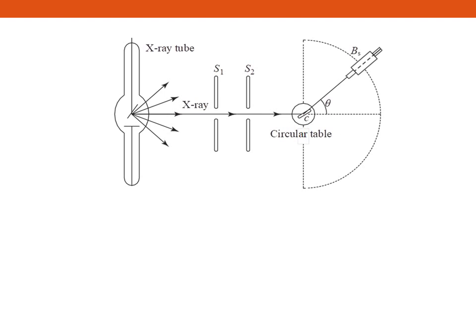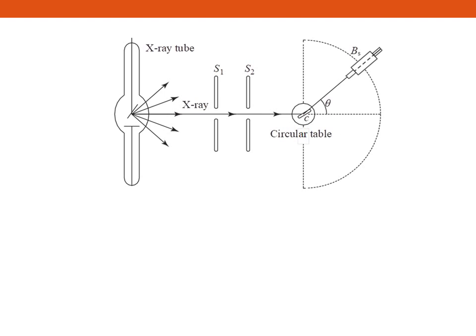A small block of carbon is mounted on a circular table as shown in the figure. A Bragg spectrometer BS is allowed to swing freely in an arc above the scattering element to catch the scattered photons. Slits S1 and S2 help to focus the X-rays onto the scattering element.